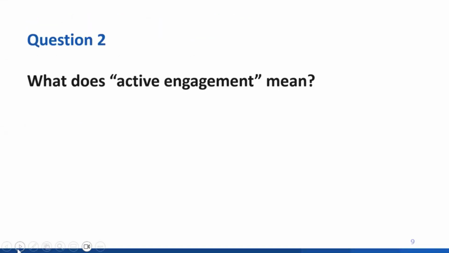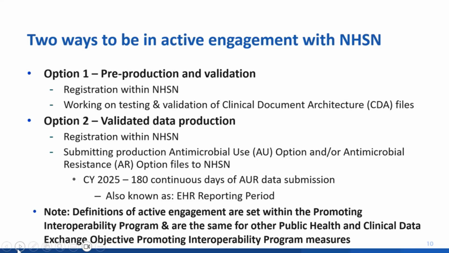What does active engagement mean? As you all know, there are two ways to be in active engagement with NHSN. Option 1 is pre-production and validation. This includes completing the registration of intent within NHSN and working with your vendor to produce AUR test files for validation.